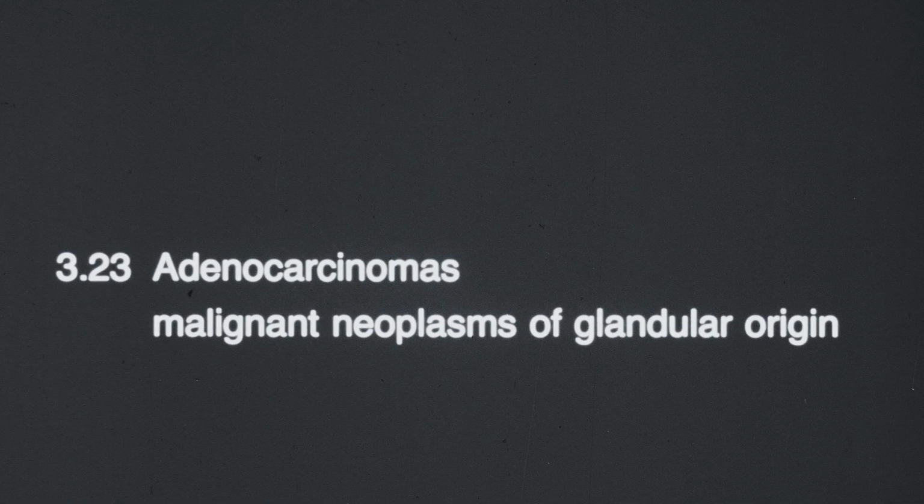Malignant neoplasms of glandular origin are termed adenocarcinomas. They are termed carcinomas because most of the active functioning tissue in the gland is of epithelial origin. Appropriate examples again would be an adenocarcinoma of the breast, adenocarcinoma of the glands of the stomach, or an adenocarcinoma of the thyroid gland.